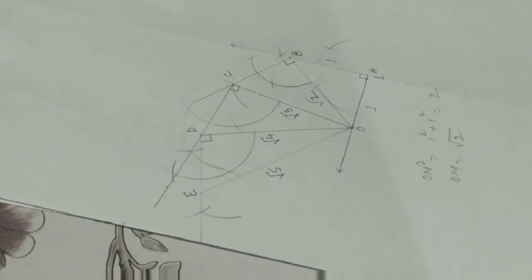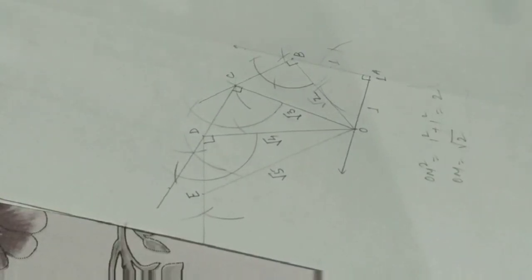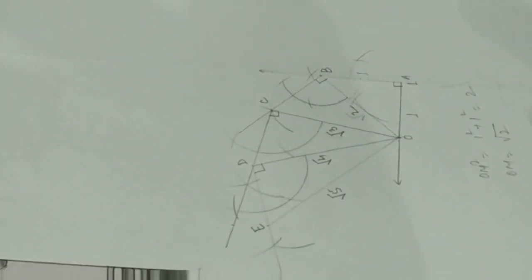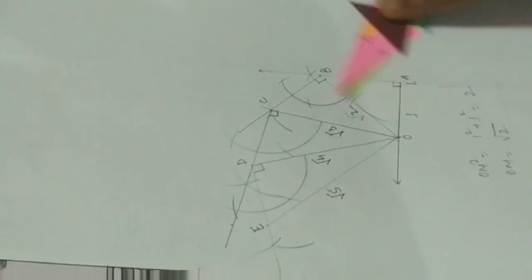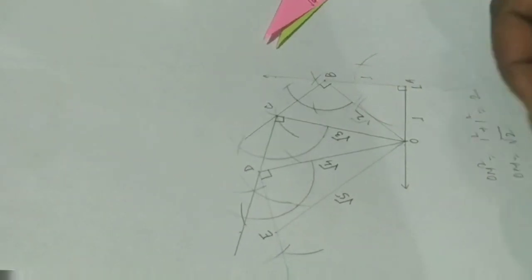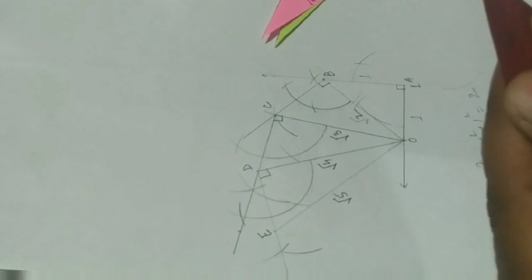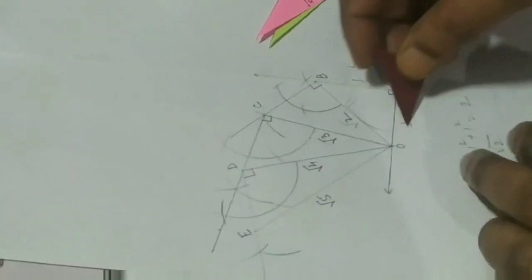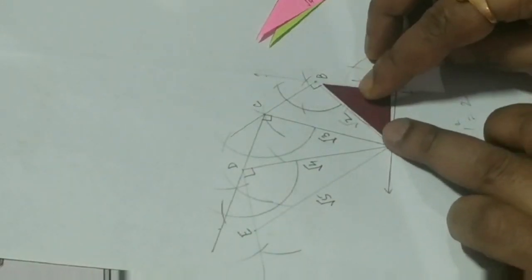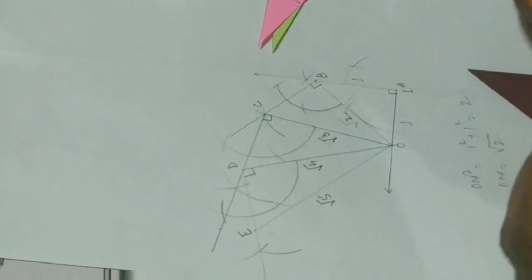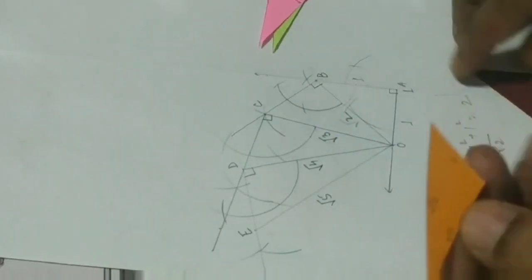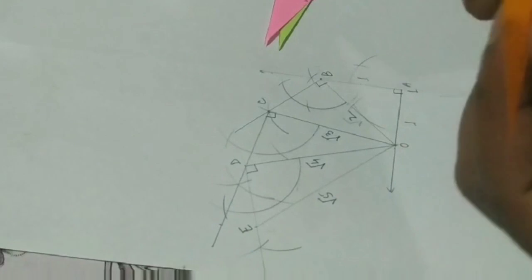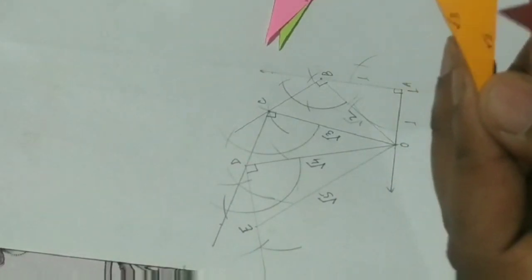Let us see how we will do it, and we will take different colors and complete this one. So now we have cut all the triangles as shown in this figure with different colors. Like this one, 1 unit, root 2 unit for this triangle only. Similarly, root 2 for this one, root 2, 1 unit, root 3.